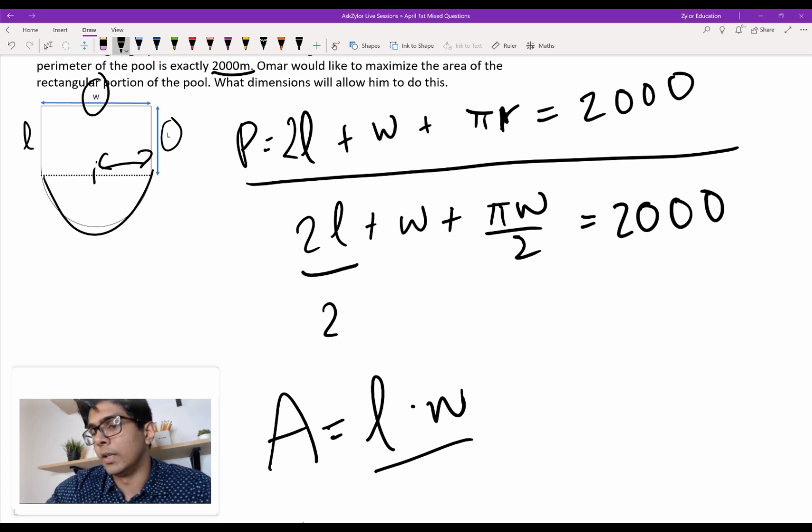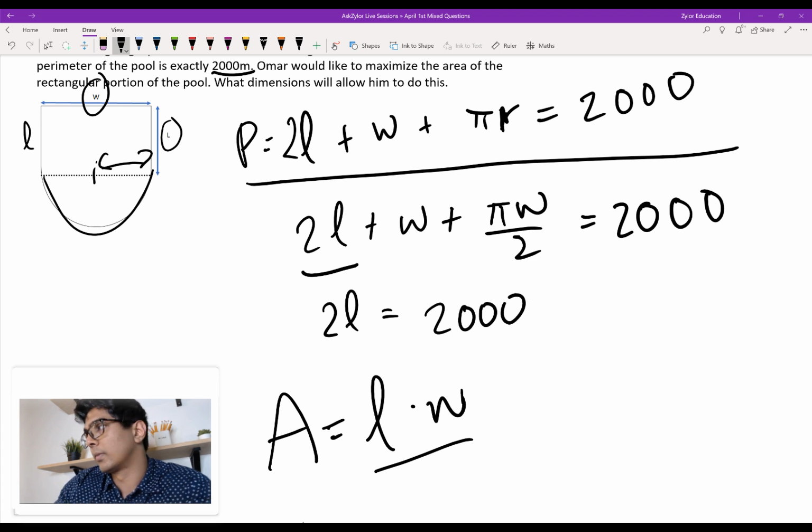So my length is going to be equal to 2,000 minus pi W minus 2 length.